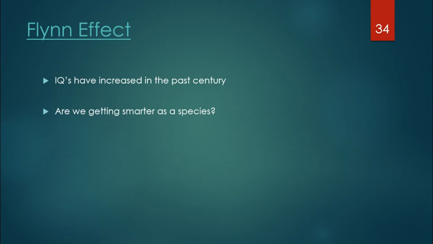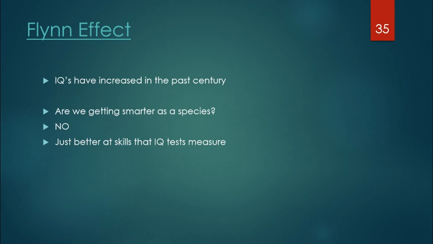So if IQ tests have to get harder and harder to keep that average right at 100, does that mean we're getting smarter as a species? Well, go ahead and watch this short video that I have linked on the Canvas website, and then we will talk about it right now.